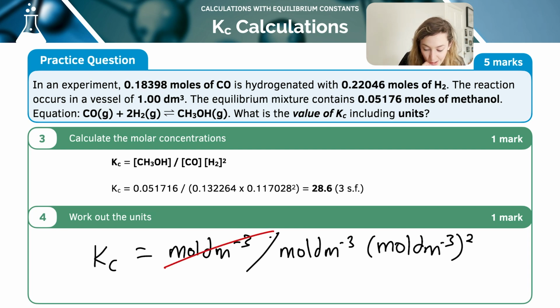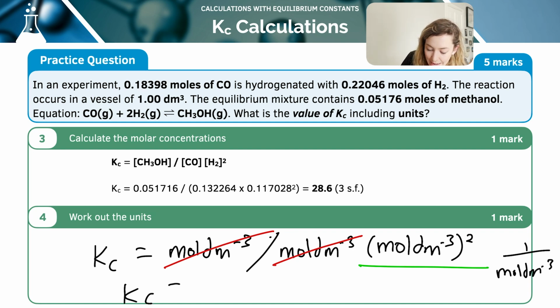What can we cancel out? Those two cancel out, leaving 1 over moles per decimeter cubed squared. So 1 over moles per decimeter cubed to the -3. Practice your indices, but this is the same as moles to the -2 decimeters to the 6.